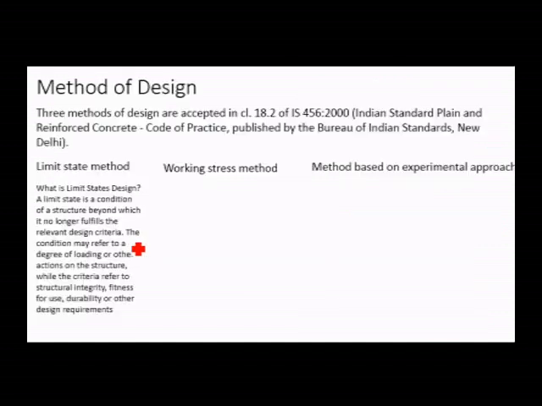Coming to the method of design, which is a very important factor when you consider RCC, three methods of design are accepted, including the clause of IS 456:2000, the Indian Standard Plain and Reinforced Concrete Code of Practice, generally practiced in India and published by the Bureau of Indian Standards in New Delhi.